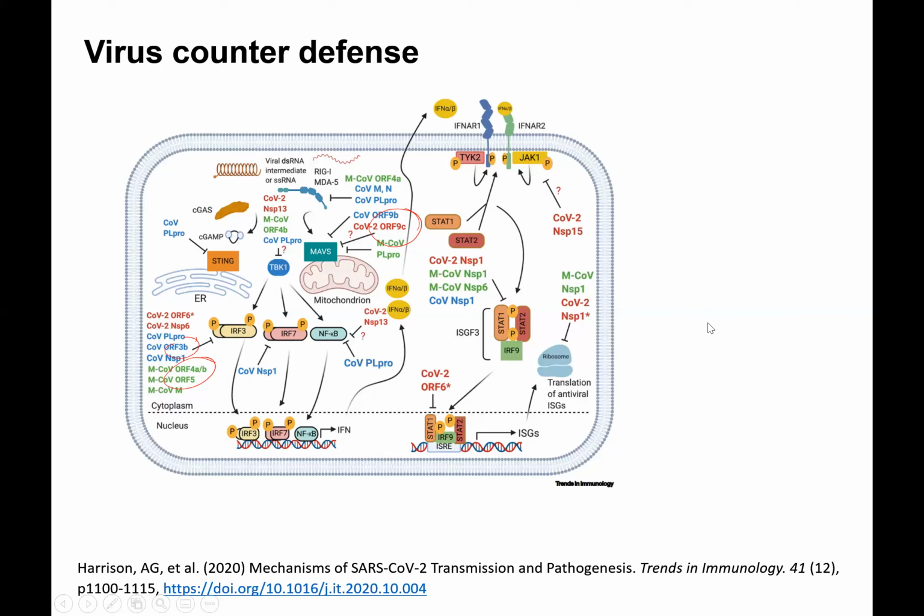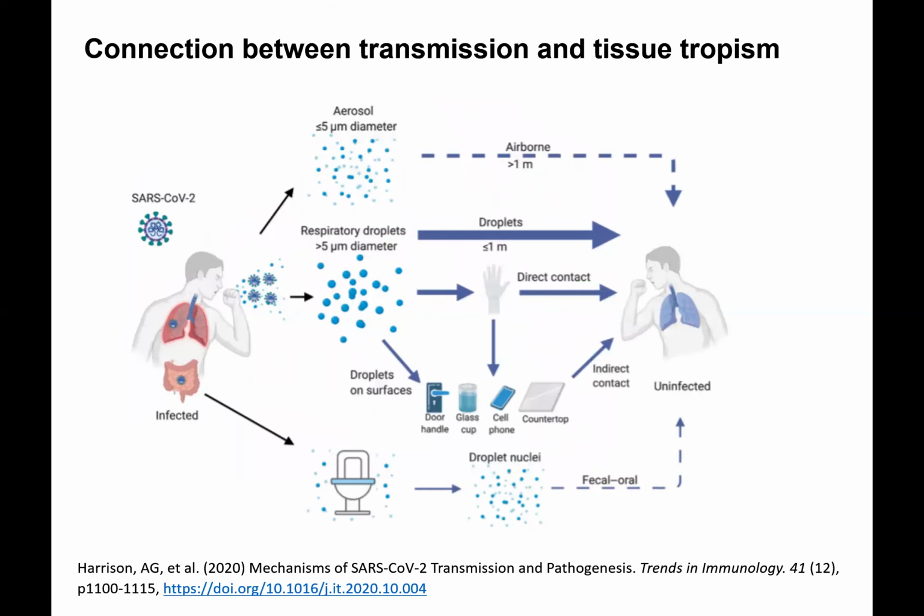All right, so you've got receptors, you've got host proteins that need to be expressed, you've got a host defense response, you've got a virus counter defense response. And then one of the final things I want you to remember is this is all connected by the route of transmission, right? So the virus has to get to the right cells, right?